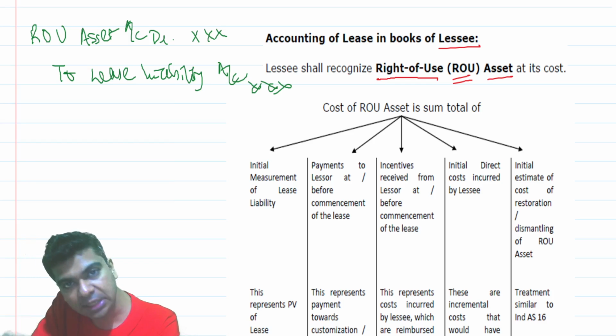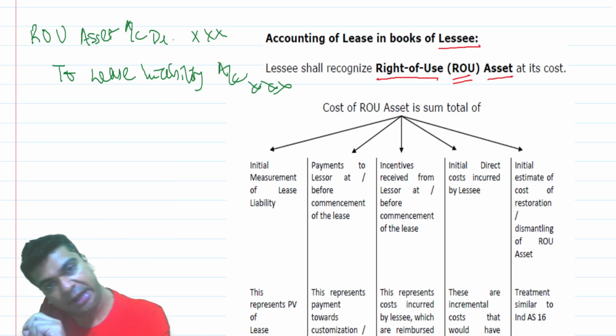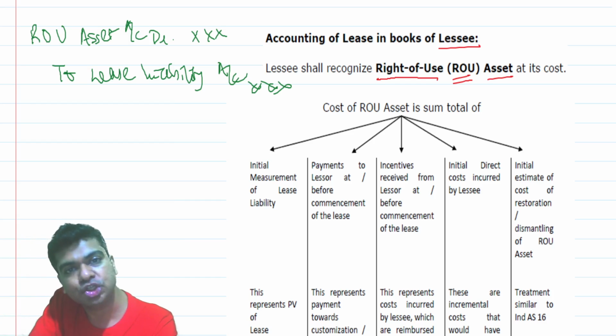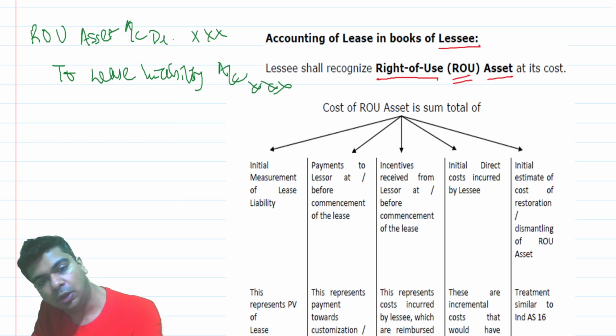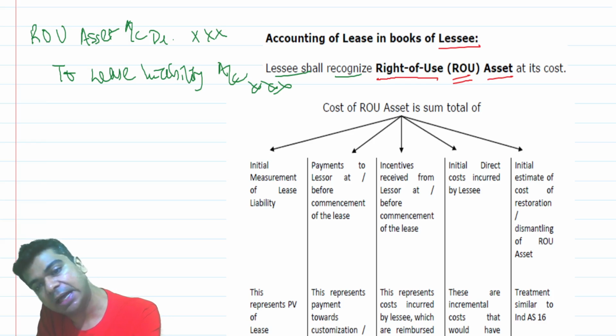Remember Ind AS 16, remember Ind AS 38. Whether it is a tangible asset or an intangible asset, we are initially incorporating at the cost. So that's what they say here, that the lessee shall recognize the ROU asset at its cost.